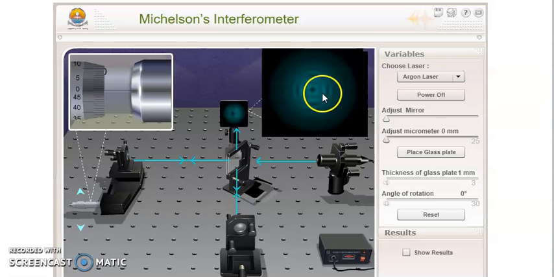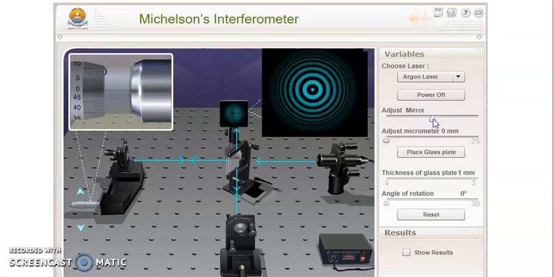As a result, we are getting some spot on the screen. Now we are adjusting the mirror until we get a bright spot. Now we get a bright spot.